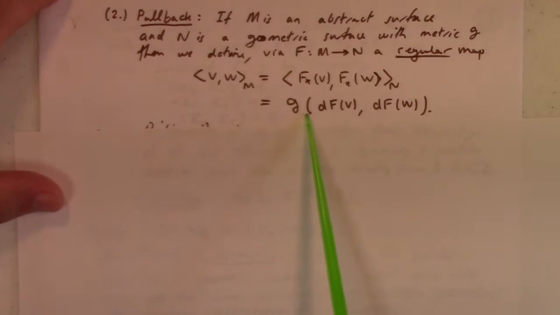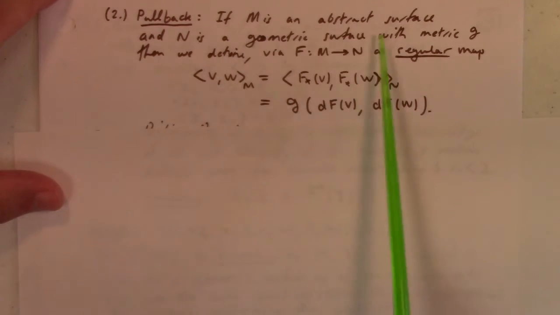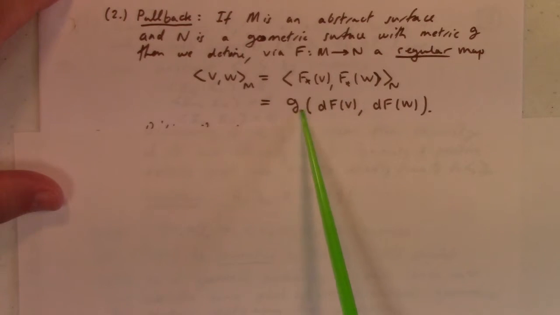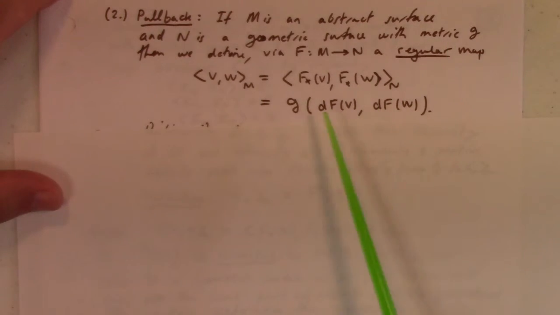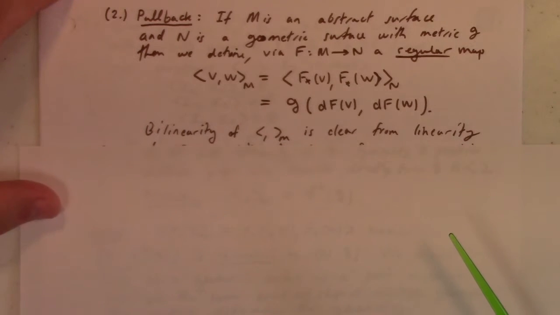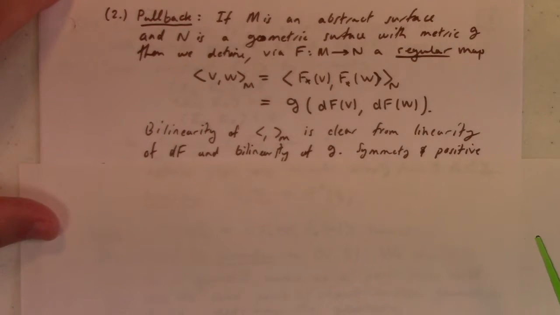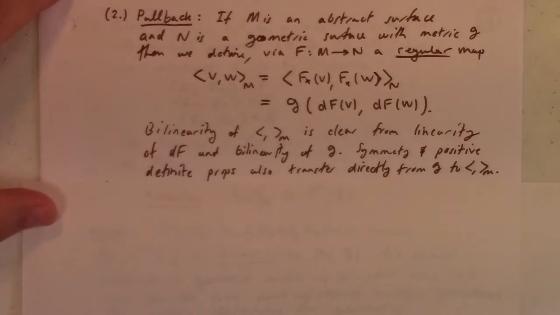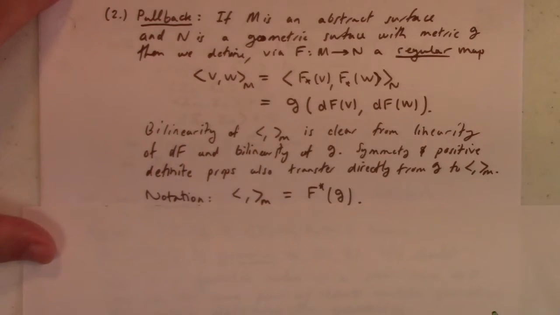Or if you like, g is the metric on N. That's just notation, whatever. But so that's the pullback metric. Bilinearity is clear from the linearity of df paired with the bilinearity of g, and it's symmetric, it's positive definite, which is the third condition, by the way, also transferred directly from the metric on N to the new pullback metric on M.